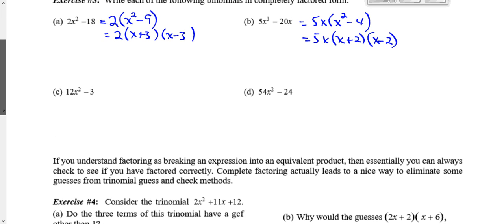See if you guys can get that one. Elizabeth, is there a GCF in C? What is it? Oh, okay. That was one. Greatest common factor. I can't get a 2 out of a 3.